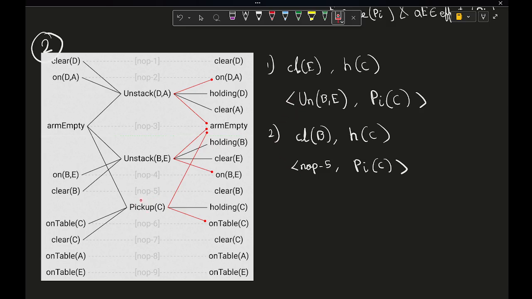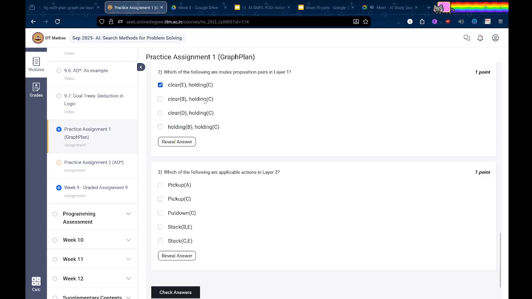But for no-op B and pickup C there is no common precondition, right? And there is no common effect as well, so this is not mutex, and because this pair of actions is not mutex, these two propositions are also not mutex, so that can't be true.